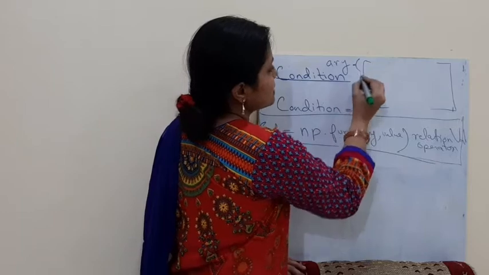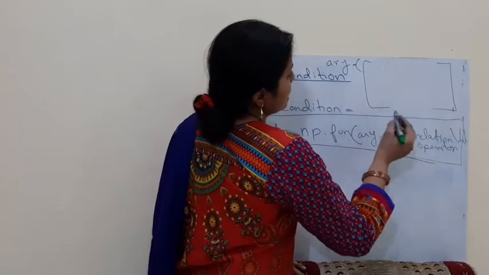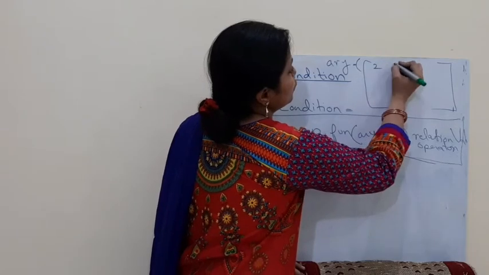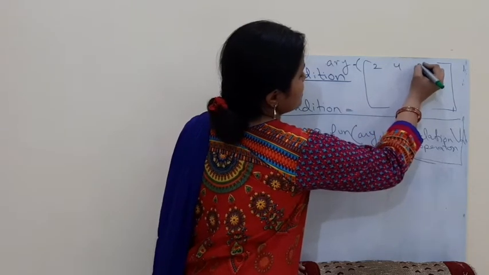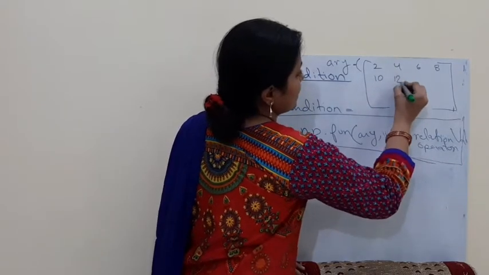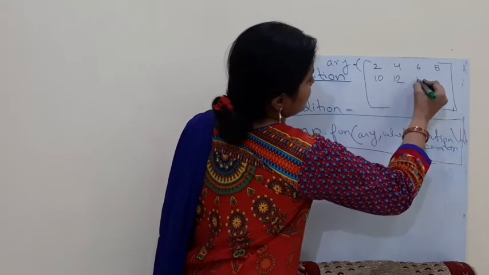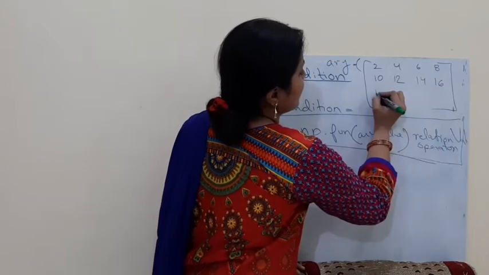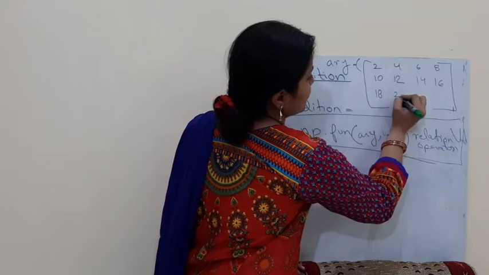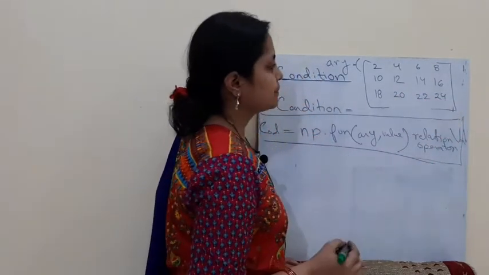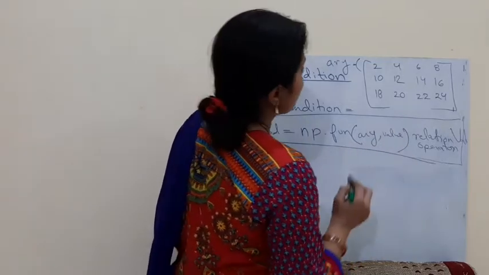ARY is equal to 2, 4, 6, 8, 10, 12, 14, 16, 18, 20, 22 and 24. So this is my array ARY.